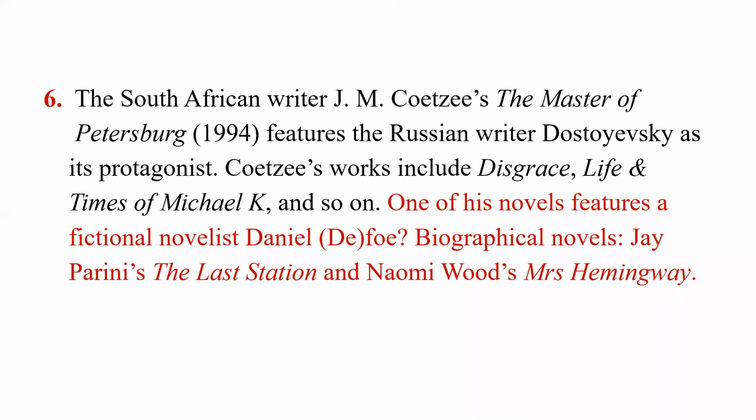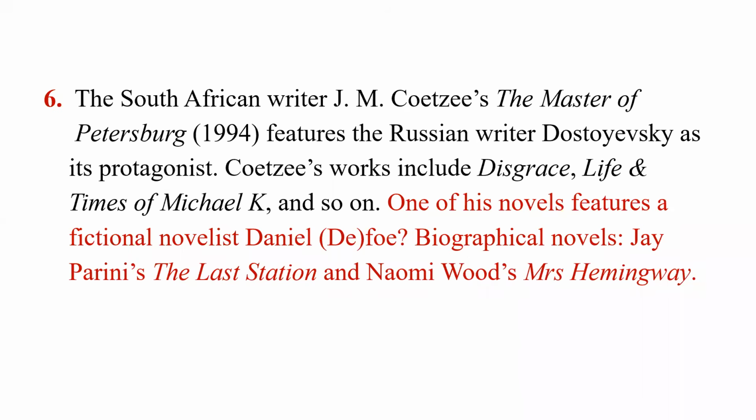And there's also a connection between Coetzee and Dostoevsky, because Coetzee lost his son. Dostoevsky also lost his son. And this novel also talks about that. So that is some connection between them. And this is one way of introducing J.M. Coetzee, a South African writer, to my students.